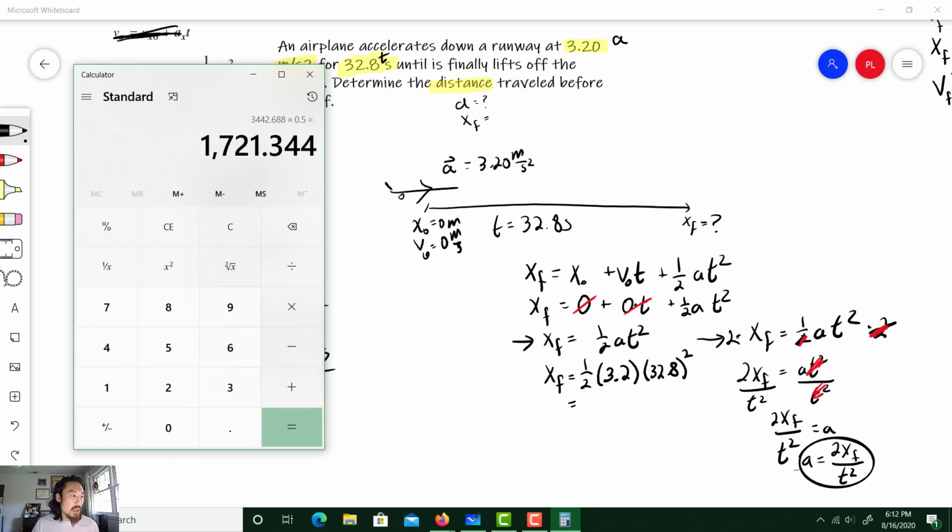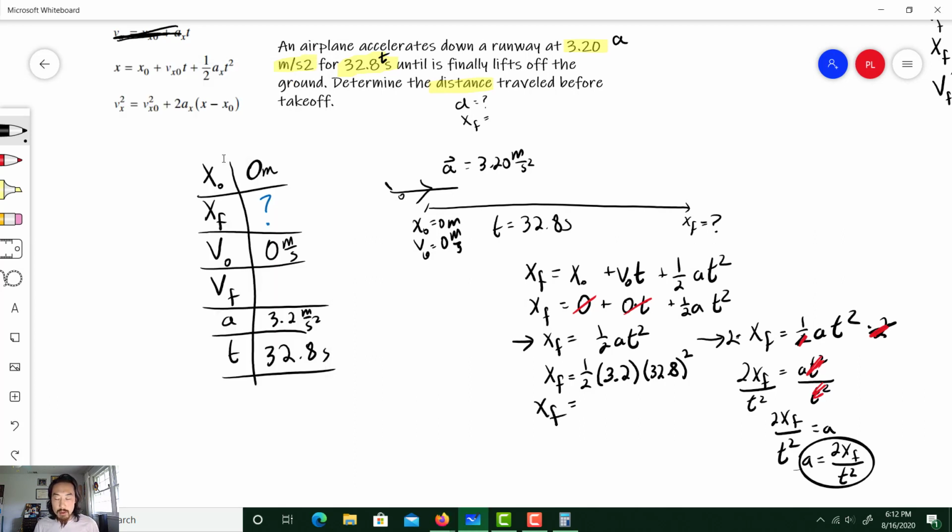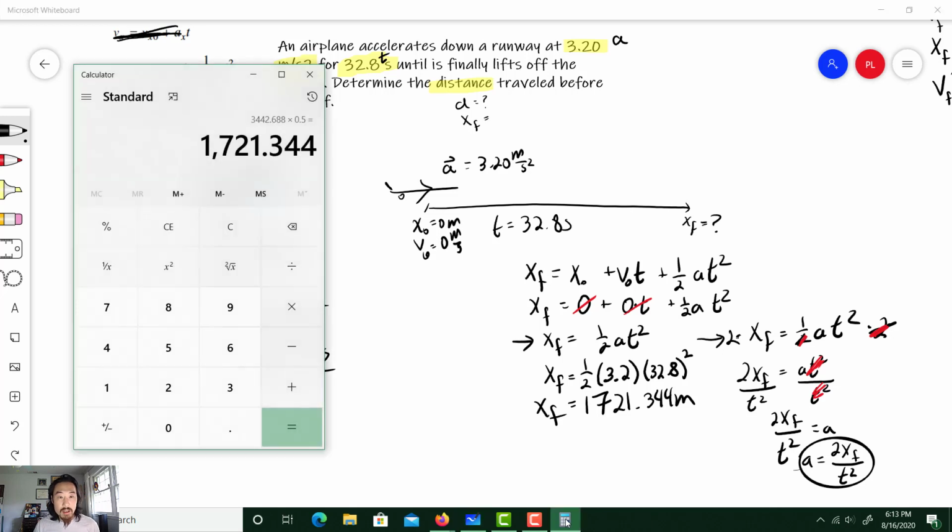And that gives us an answer of 1,721.344 meters. Let me just double check that I did that right. 1,721.344 meters. Very good.